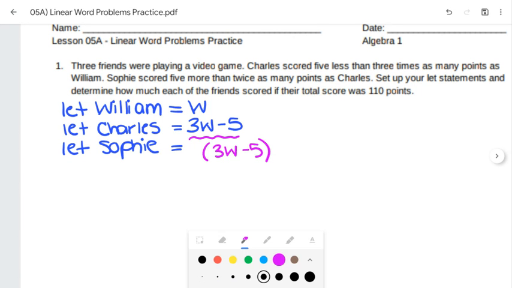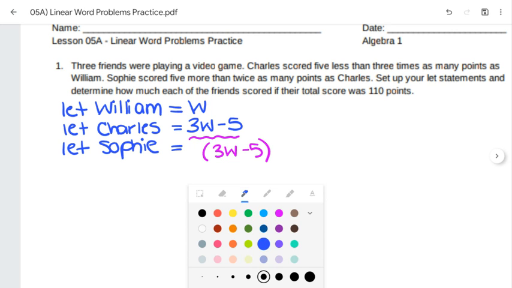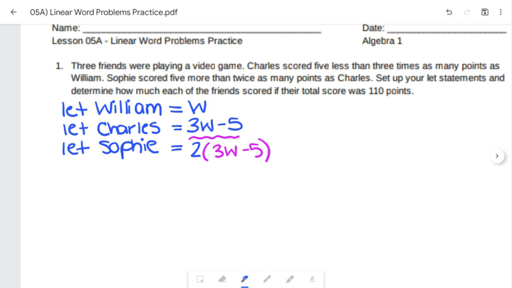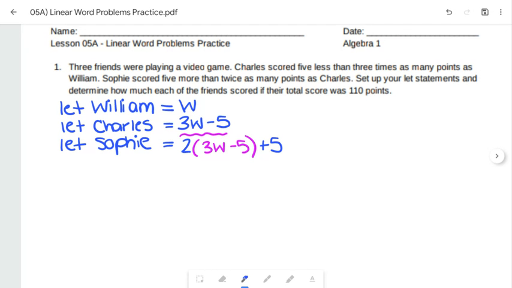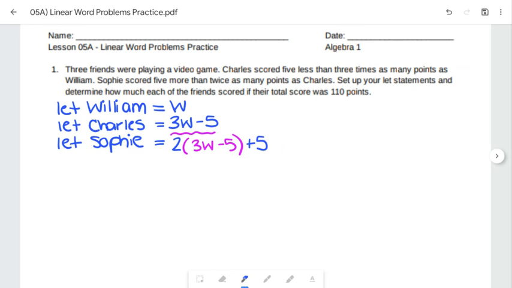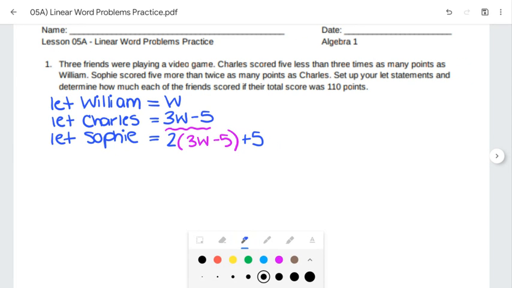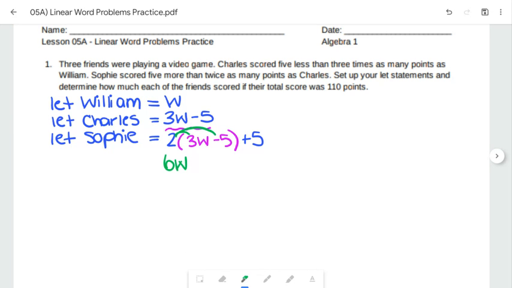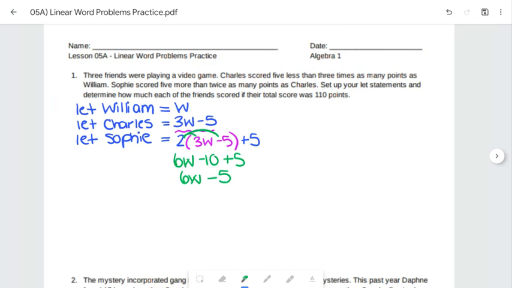But Sophie, she's unique. She scored twice as many and 5 more. We can actually go ahead and simplify Sophie's if we'd like, because when we distribute, we'd have 6W, subtract 10, plus 5. So Sophie's looking at 6W minus 5 as her expression.